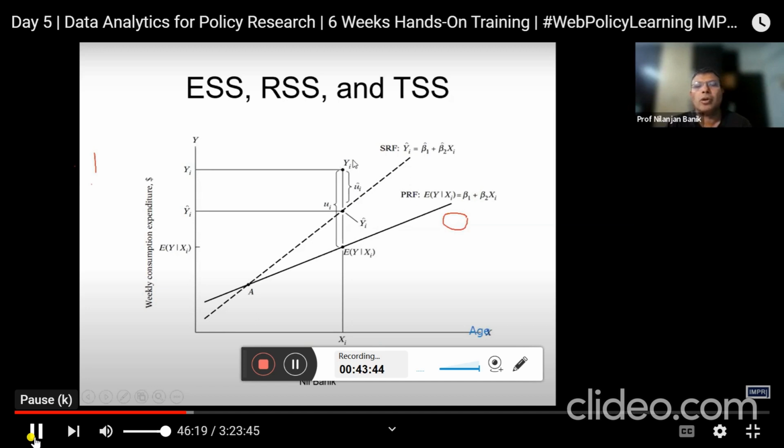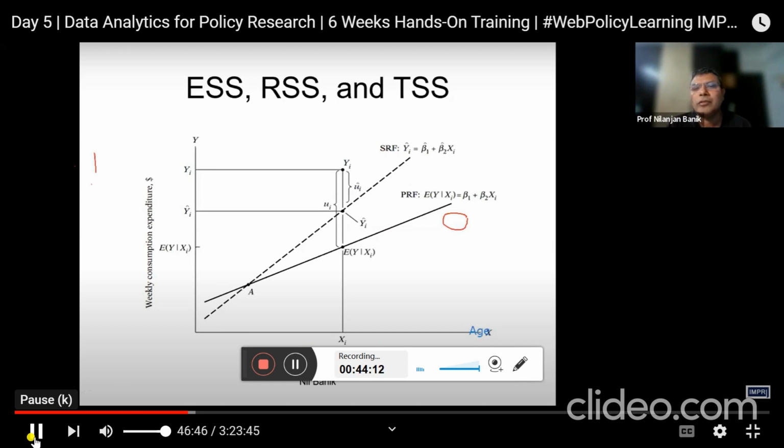Okay, so this difference, which is still there in spite of you doing a very smart job in predicting the Y, something which you are not able to capture from your data, is what we call the error terms, and this ui hat that you see is also used in the residual sum of squares.